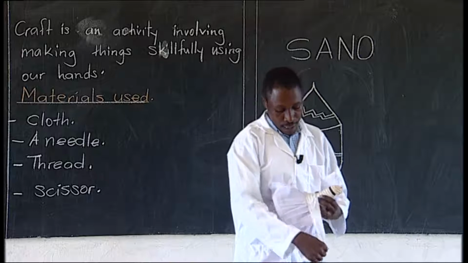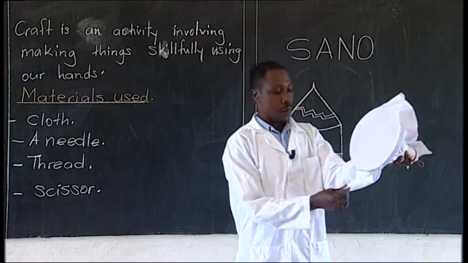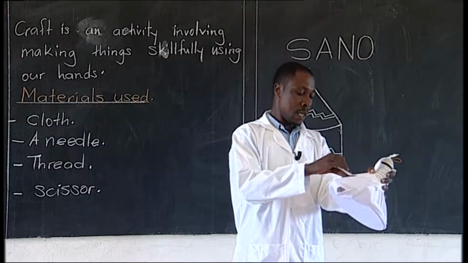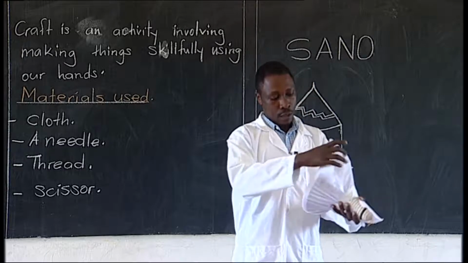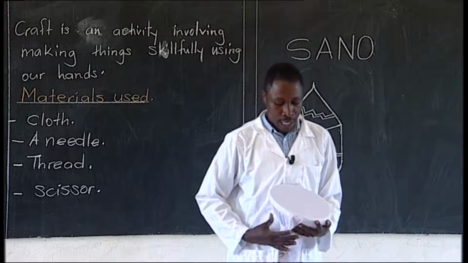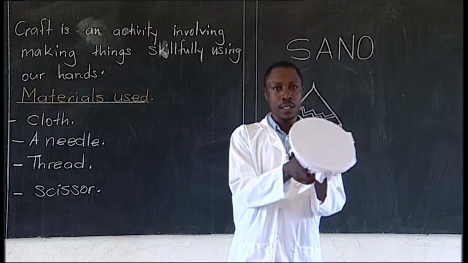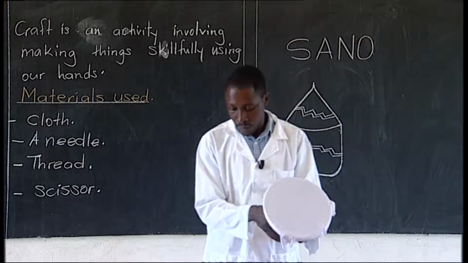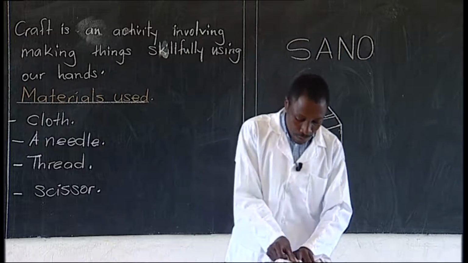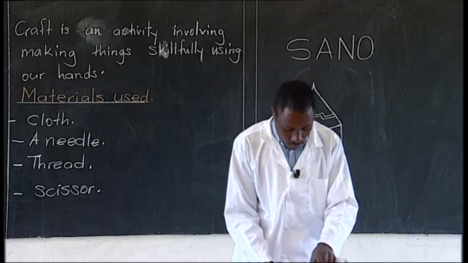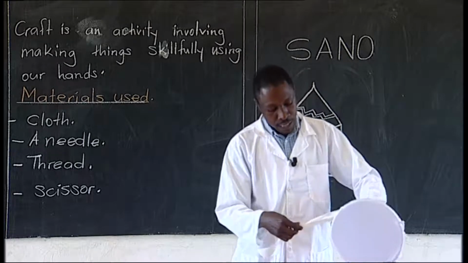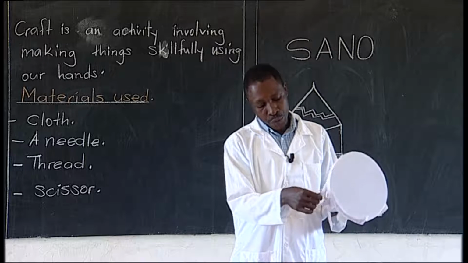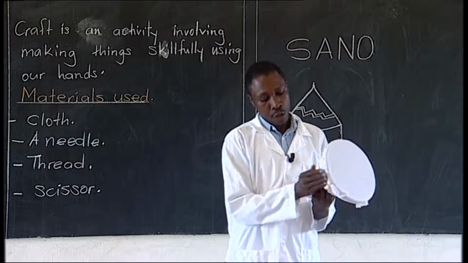I want to write the name Sano. Make sure here it is straight, like this. Good. You tie it very well so that it cannot disturb you when you are making your designs.